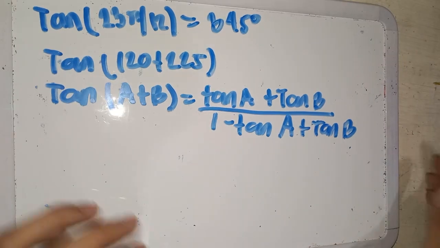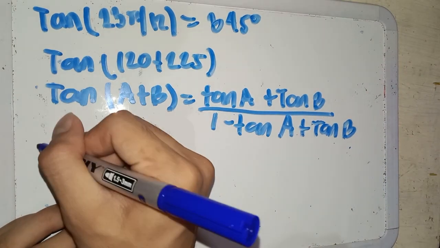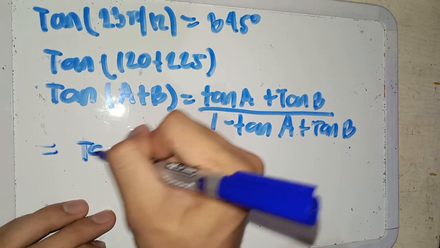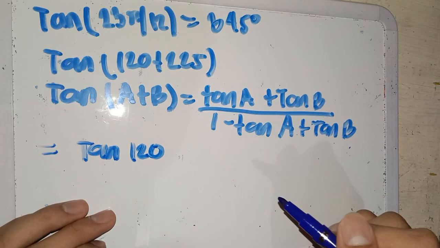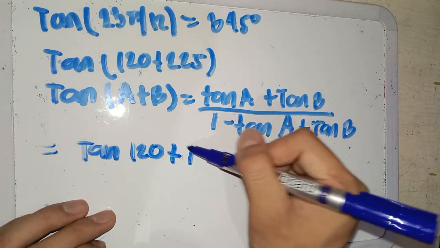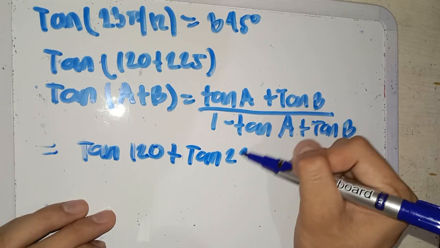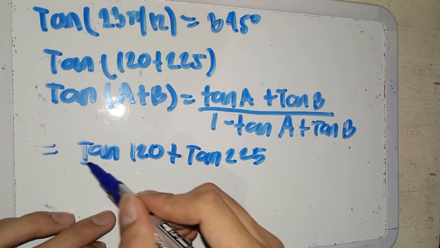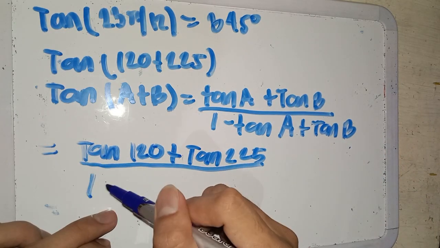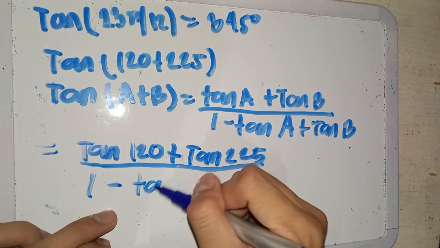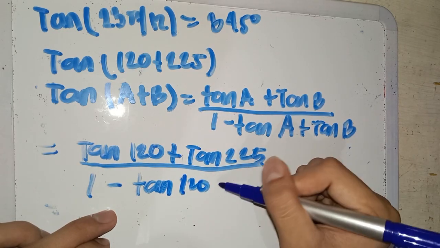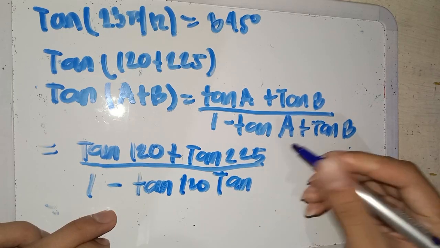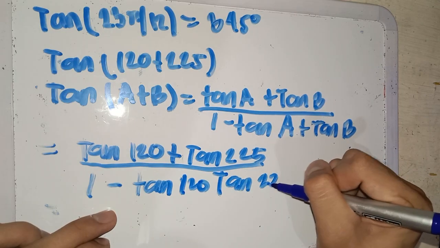So we need to simplify it. This equals tan 120 plus tan 225 over 1 minus tan 120 and tan 225.